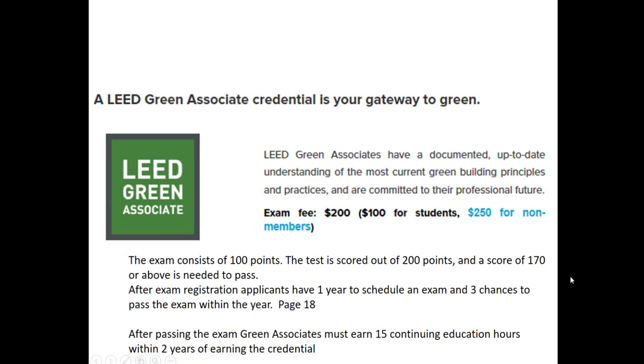After your exam registration, applicants have 1 year to schedule the exam itself. So you apply and then you schedule the exam. You get 3 chances to pass the exam within that year. And a lot of this is in the book we're going to be taking a look at.